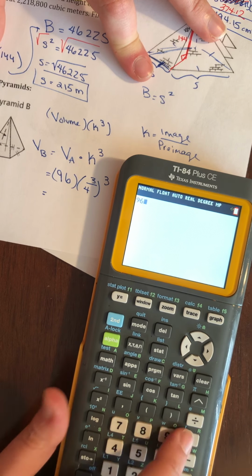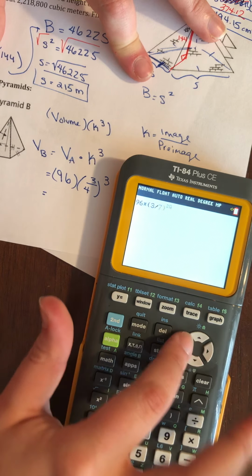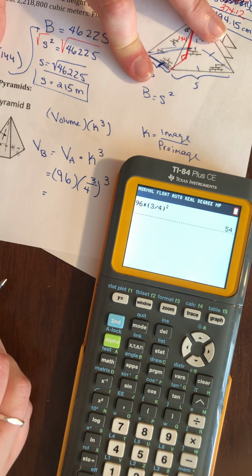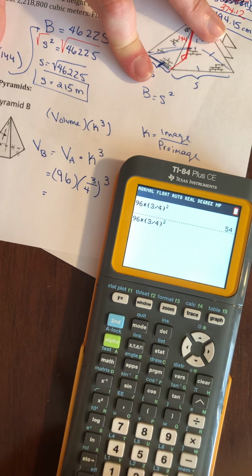So it would be 96 times 3/4 cubed. That gives me 40.5.